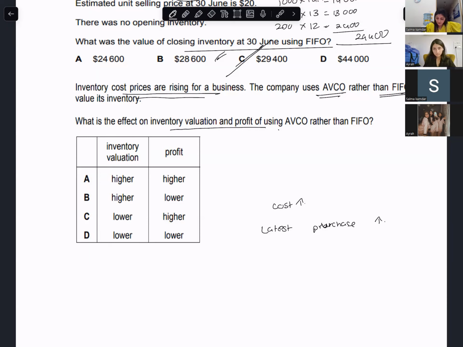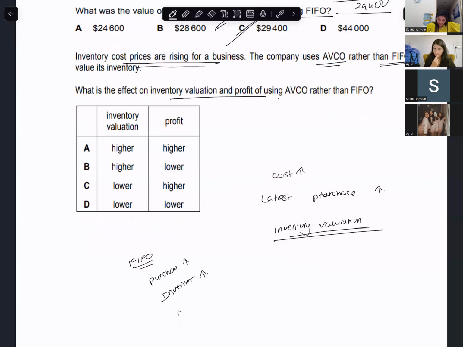Instead of using FIFO, if I'm using AVCO, my inventory valuation would be higher or lower? If I use FIFO, the latest purchases would be of a higher price, so closing inventory would be at a higher price. So profit would be higher.